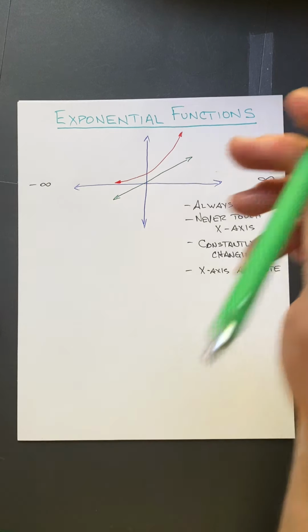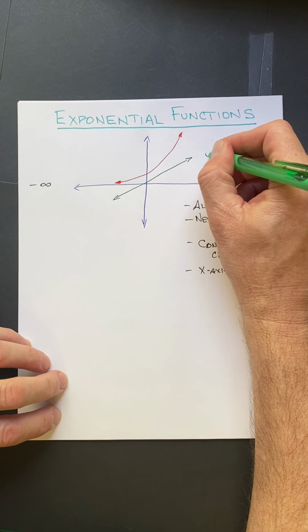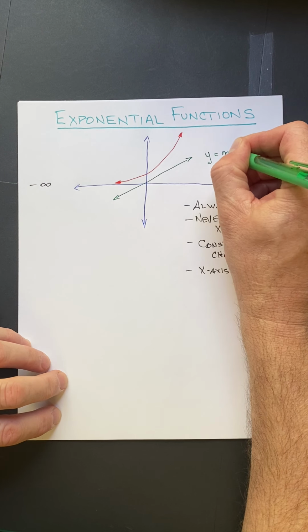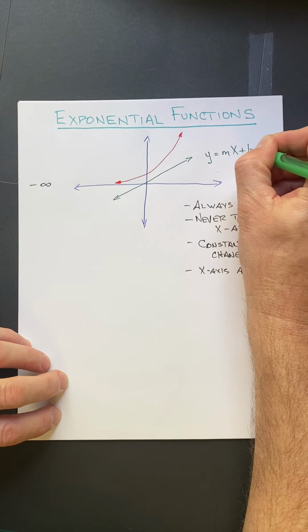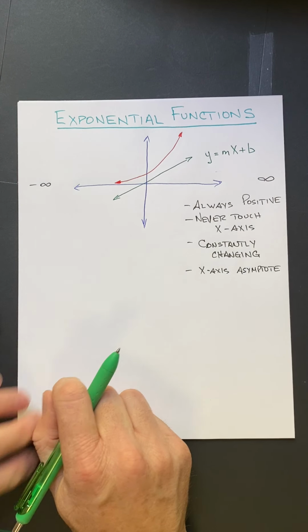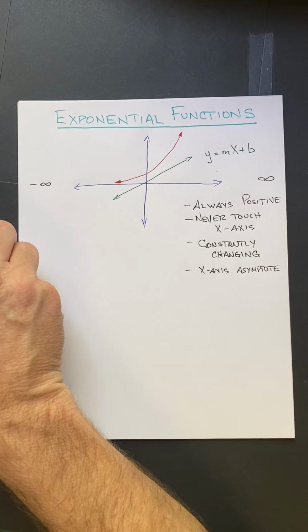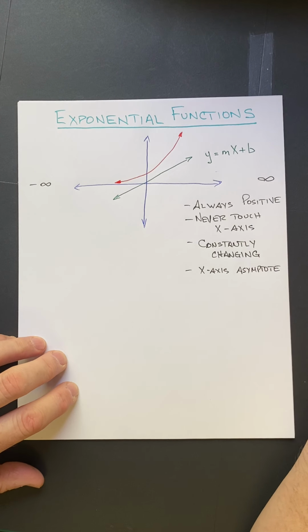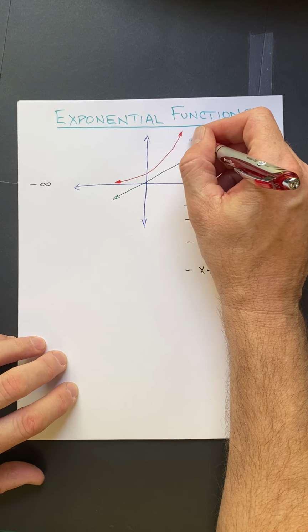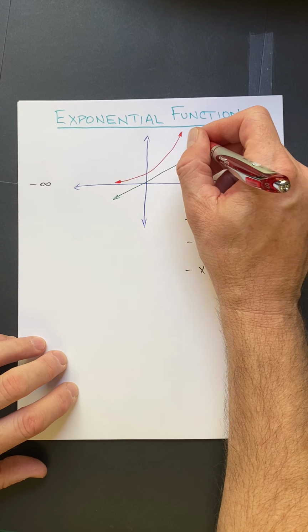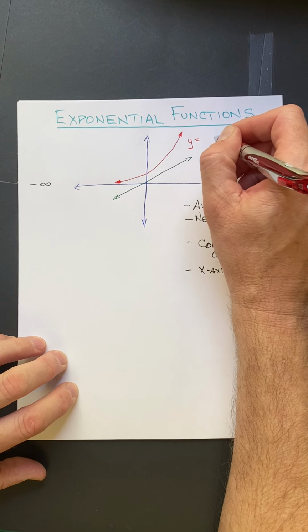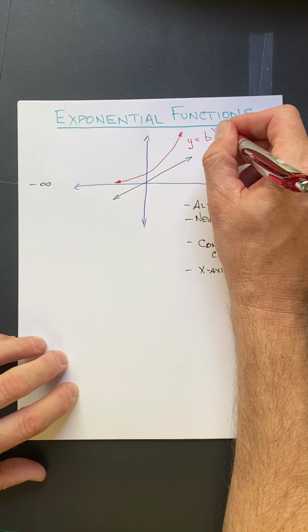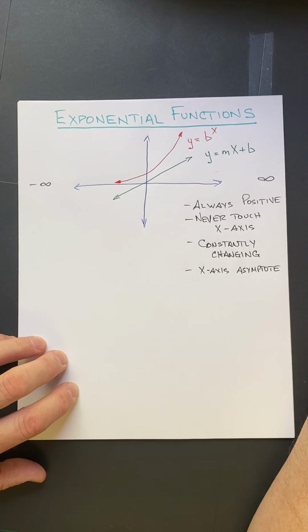So we know when we're talking about a linear equation, we're looking at something that's y is equal to mx plus b, right? Well, what about this exponential function? Here we're going to look at y is equal to b to the x, okay?